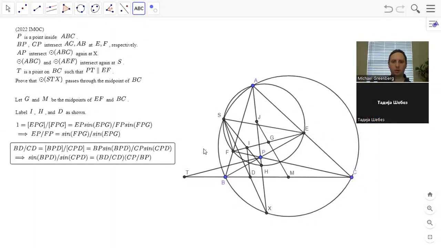So BD over CD, you're saying that's like BS over SC times sine BSD over sine CSD or something like that, which would be sine BAP over sine CAP. But how do we get rid of the BS and the SC then? That's kind of what I'm wondering. You just have spiral similarity. BS over SC is BF over CE. Ah, okay. I missed that. All right.